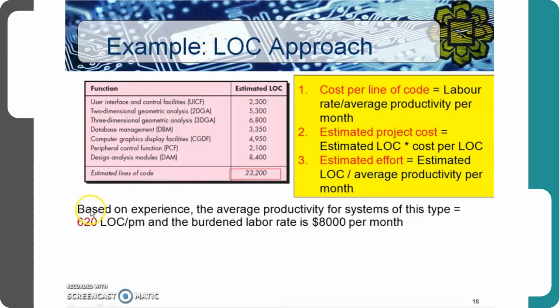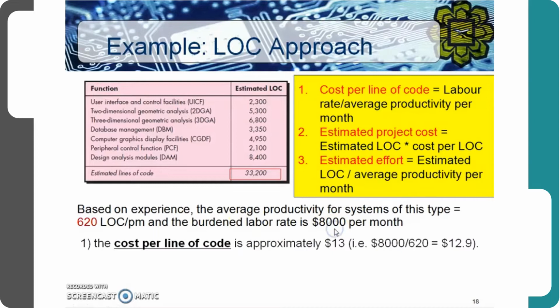Let's say from the historical data, we have the average productivity for systems, which is 620 lines of code per month, and the burdened labor rate is 8,000 per month. From here, we can calculate the cost per line of code as approximately $13, which is 8,000 divided by the average lines of code per month.